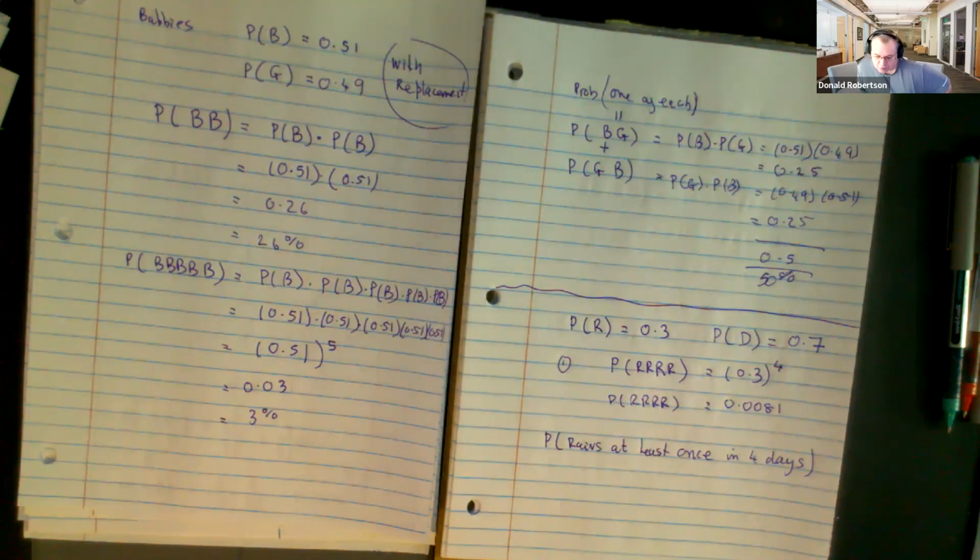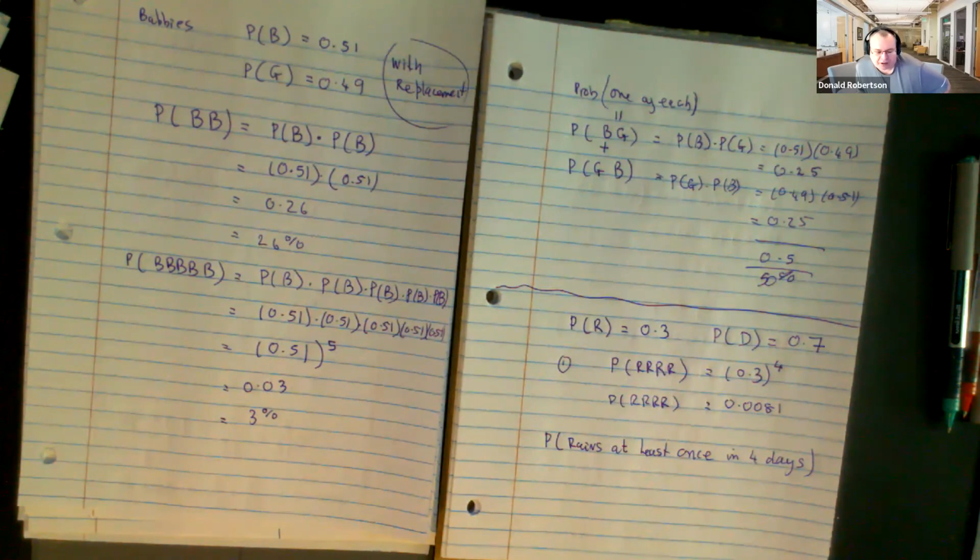Now, you could say, well, I'll just write down all the ways in which it could rain at least once and find the probability of them and then add them all up. And if you did it that way, apart from taking you about 4 hours, it would work. But we're not going to do that.